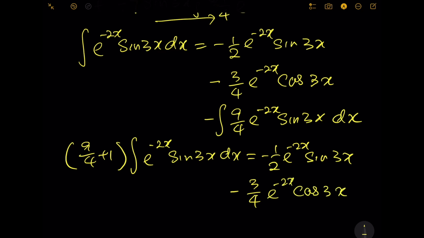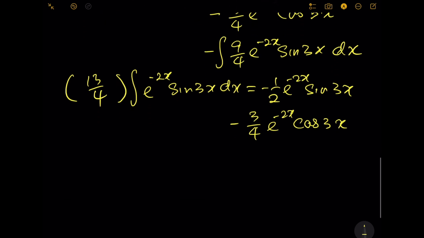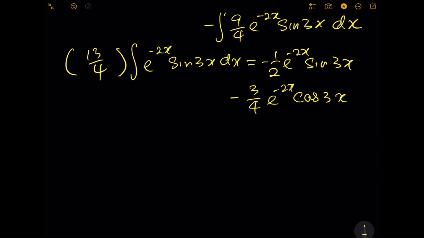The 9 over 4 plus 1 is actually 9 over 4 plus 4 over 4, which is 13 over 4. Let's bring the 13 over 4 to the right hand side, becoming multiplied by 4 over 13, and therefore we have the final answer.